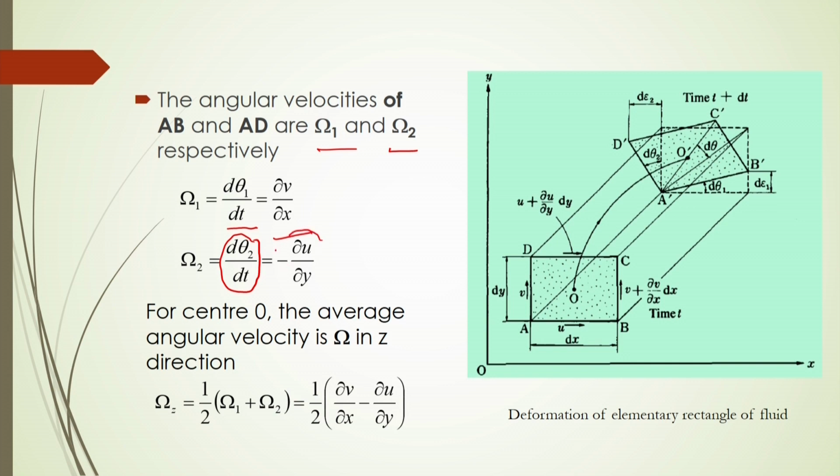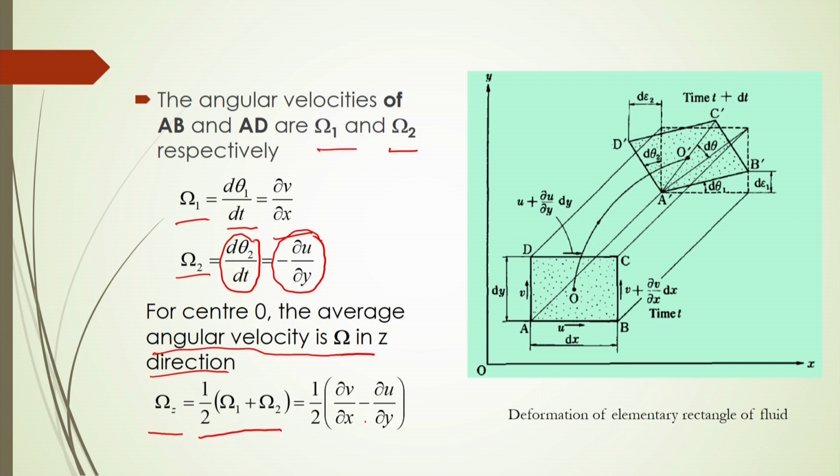So, it will be minus ∂u/∂y here. Since the movement is counterclockwise, there will be a negative. Also for center O, if we consider the average angular velocity in the z direction, it will be represented by omega z, which will be the average of the angular deformations omega 1 and omega 2, so half of omega 1 plus omega 2.